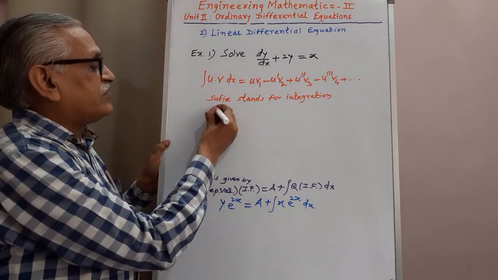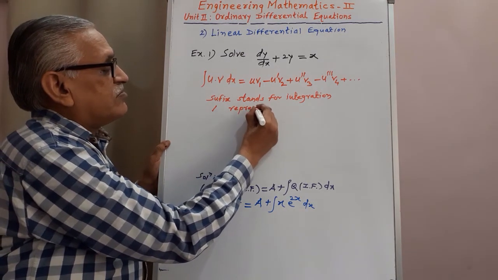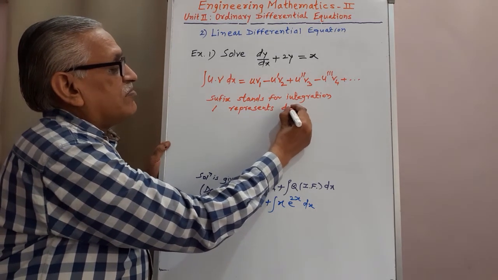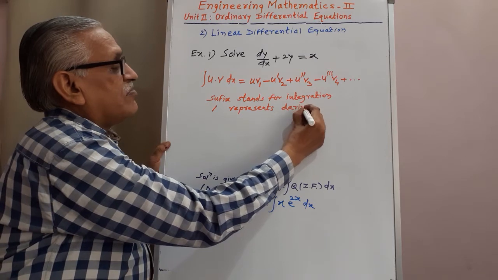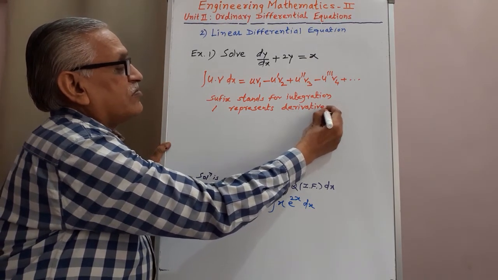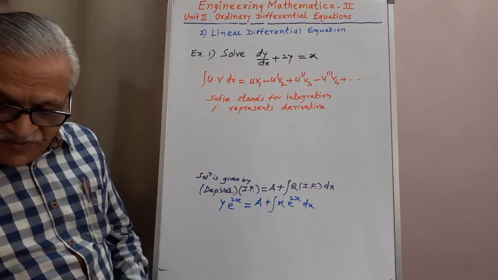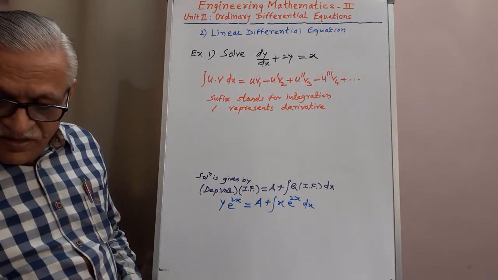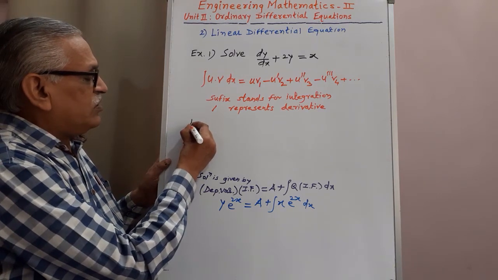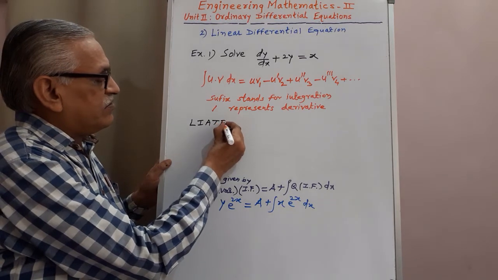Where the suffix stands for integration, and dash represents derivatives. And to decide the order, we use the same rule, LIATE.